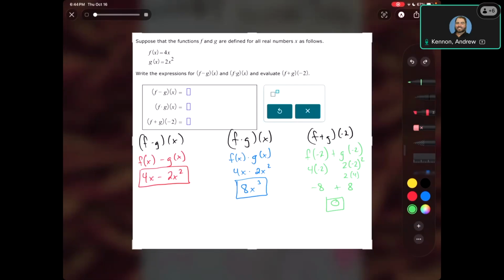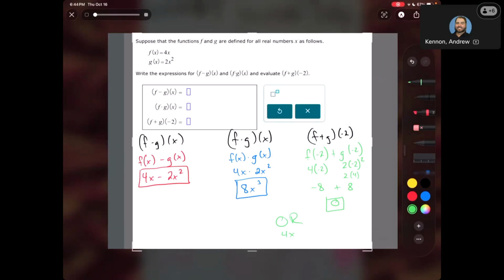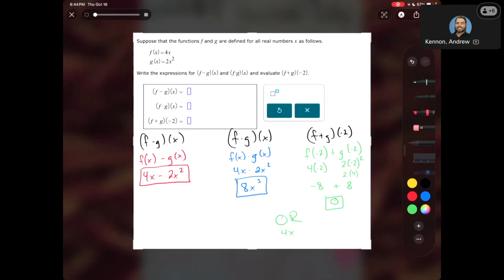The other way to do it is you add. How can I do this quickly? I'll leave that there. Undo. You would do f of x plus g of x, so 4x plus 2x squared, and then plug in the -2.